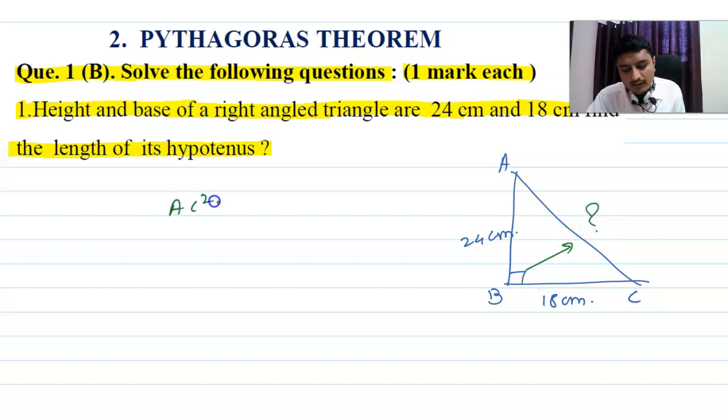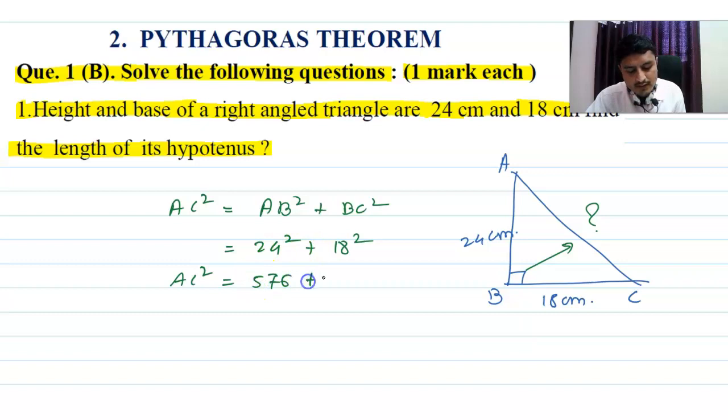By using the Pythagoras theorem in the right angle triangle ABC, we get AC square equals AB square plus BC square. The value of AB is 24, so 24 square, plus the value of BC is 18, so 18 square. 24 square is 576, while 18 into 18 is 324.